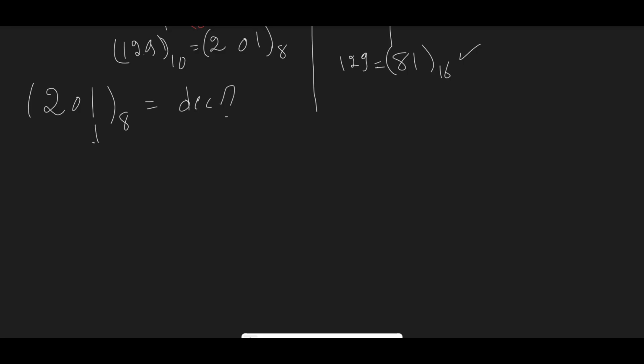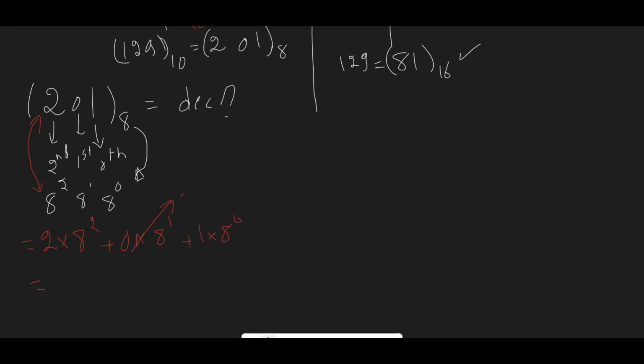As we learned previously, this is the 0th location, this is the first location, and this is the second location. Now we have the base is 8, which is the difference here. So we can take 8 to the power 0, 8 to the power 1, and 8 to the power 2, and multiply it by this number. 2 times 8 to the power 2 plus 0 times 8 to the power 1 plus 1 times 8 to the power 0.